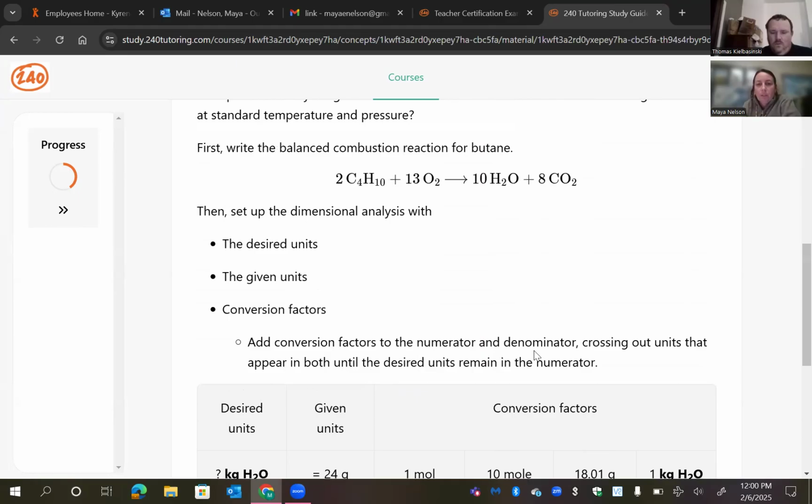Okay. So here's what I found out. The number of grams in 1 mole of the substance depends on the substance's molar mass.